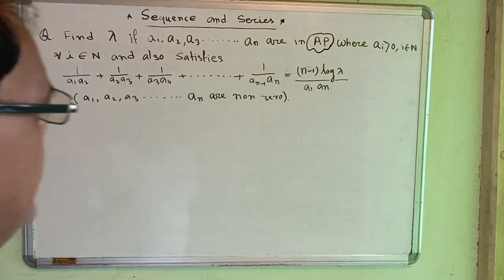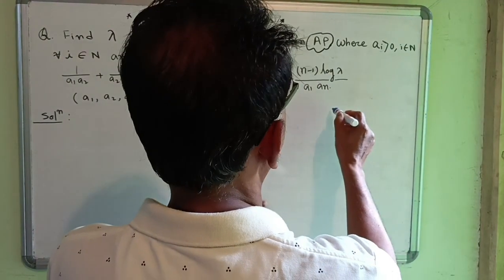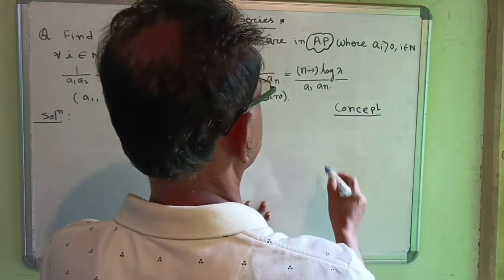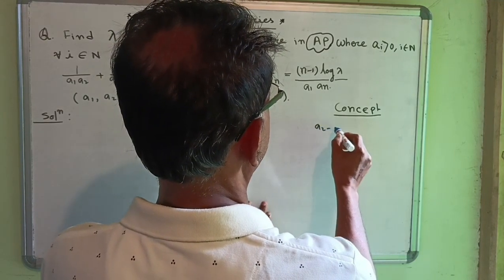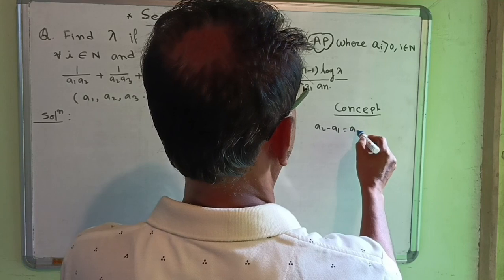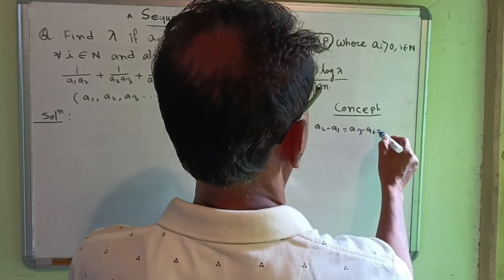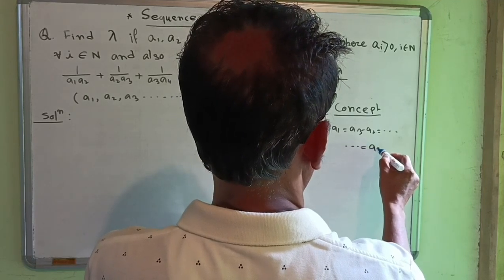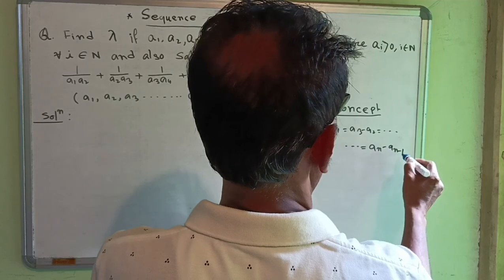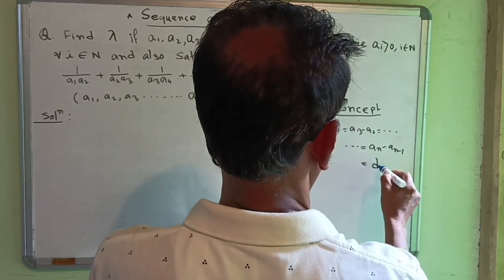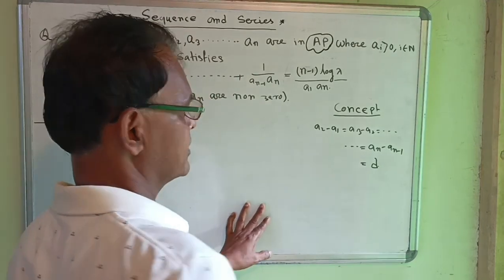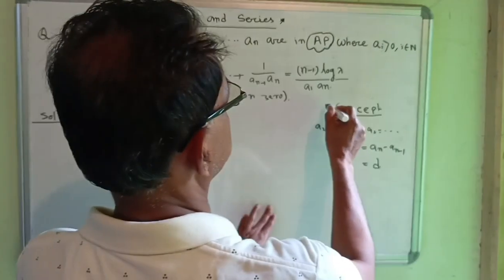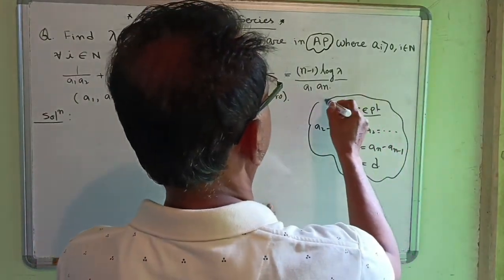Here with an AP series there is one concept: a2 minus a1 is equal to a3 minus a2 and so on up to an minus an minus 1 is equal to d. That is the constant known as the common difference of the AP series. That is the definition of an AP series.